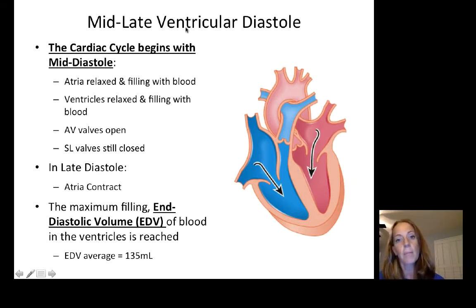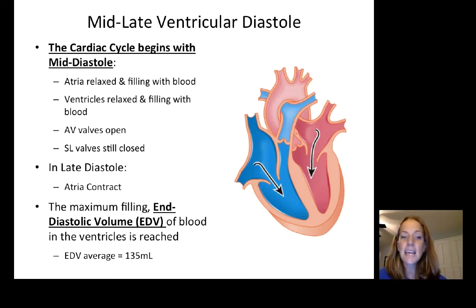So if I slip up and I don't say ventricular diastole and I just say diastole, or if you see in a textbook mid to late diastole, then that is going to be ventricular diastole. Okay, so diastole is going to be relaxation.